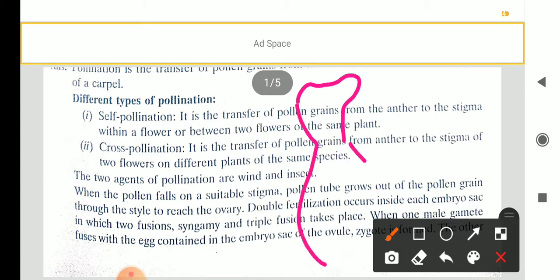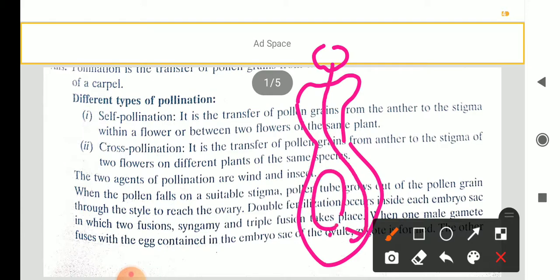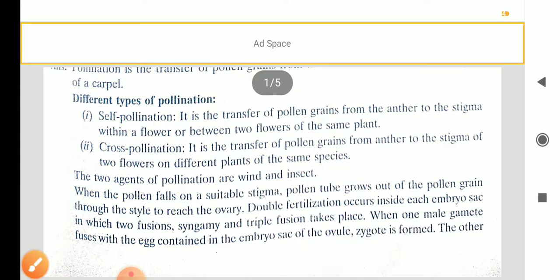Again, I can draw the diagram. This pollen grain will start germinating and the pollen tube will grow, and finally it reaches the ovule, right? And inside the ovule there is one female gamete.